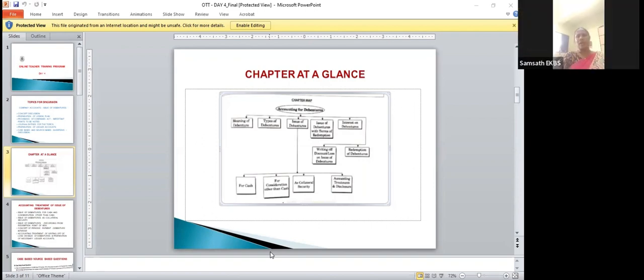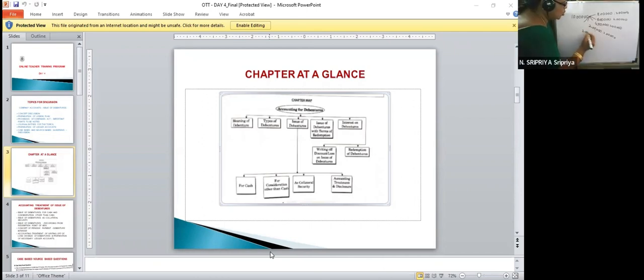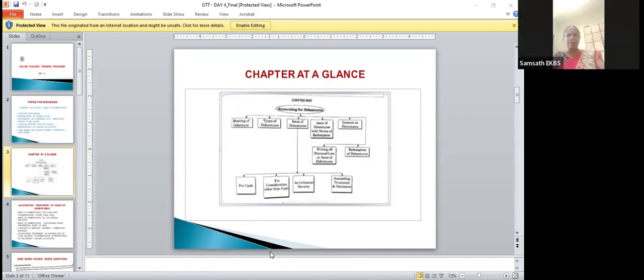In the final year, this 2 lakh will be under current liabilities only, because it is repayable within the accounting period or within the operating cycle. Fine? Yes, ma'am.